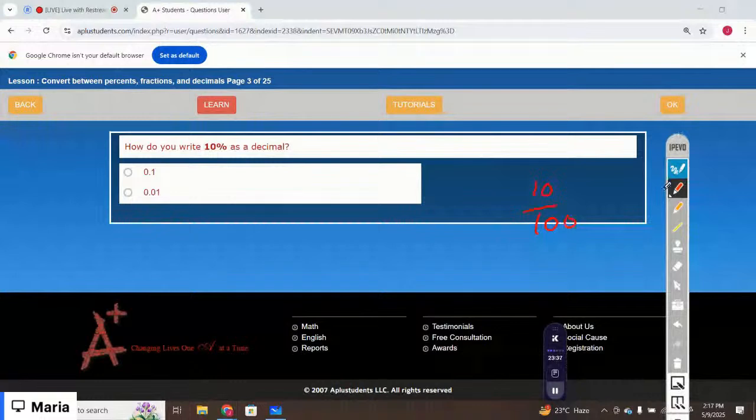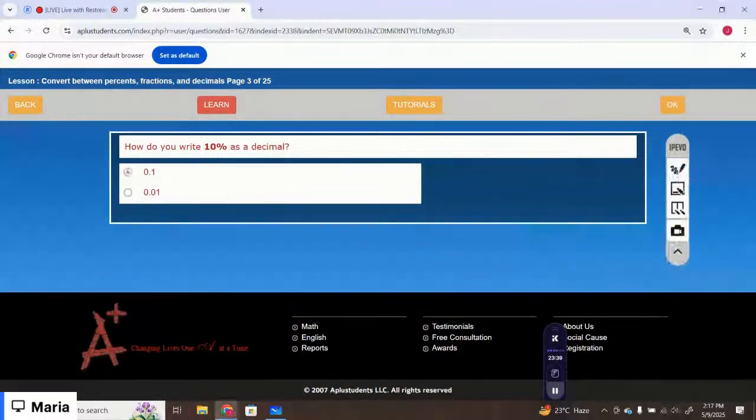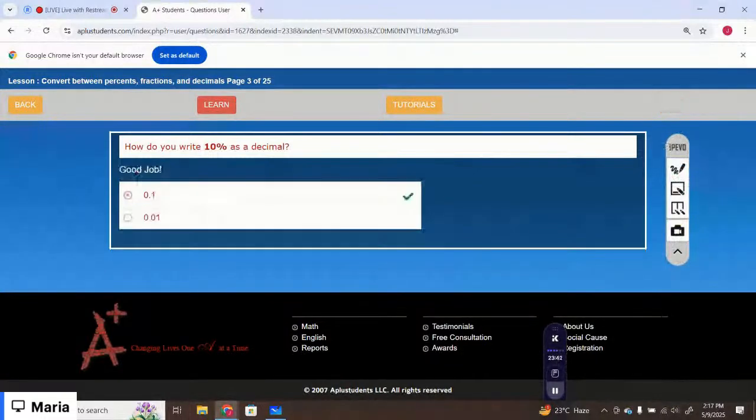And 10 divided by 100 equals 0.1. Option number one is the correct option.